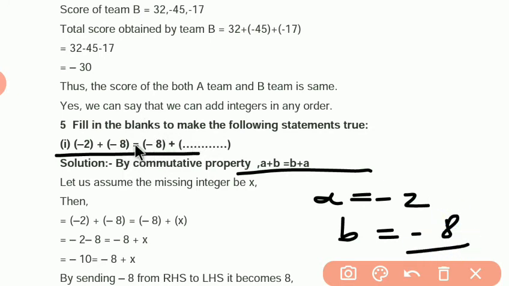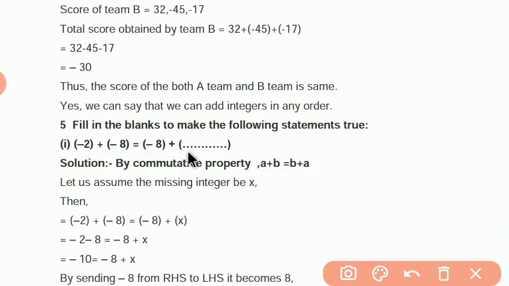So b value is given as minus 8. Which number will come here? Minus 2, using the commutative property. Or directly you can see that on the left hand side minus 2 and minus 8 are given, and on the right hand side only minus 8 is given. So by the commutative property minus 2 will come here.